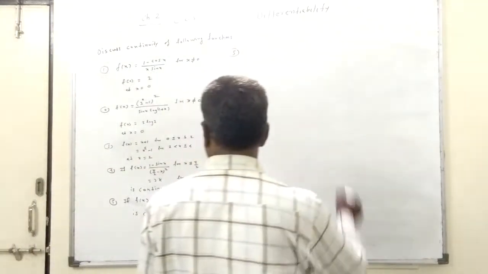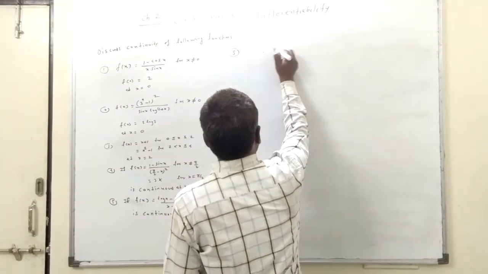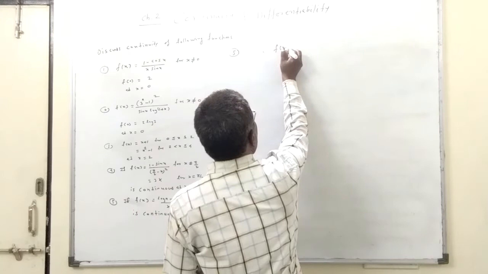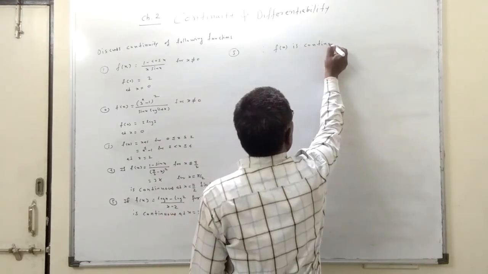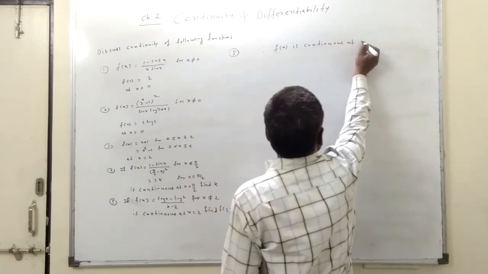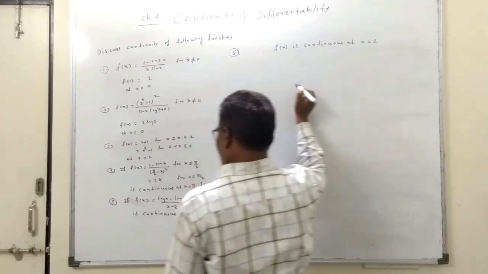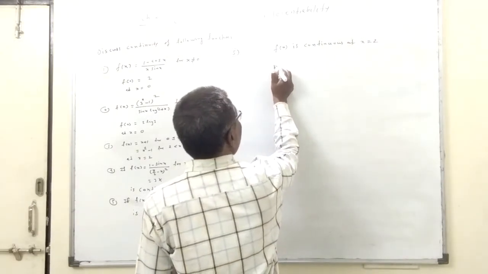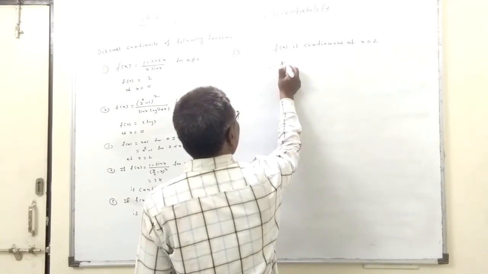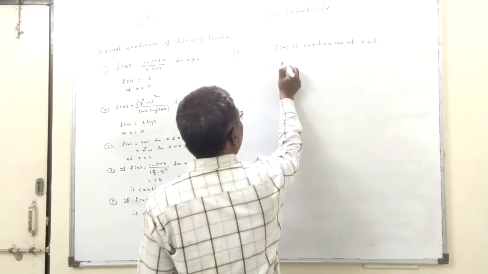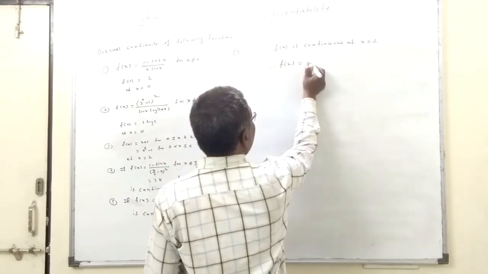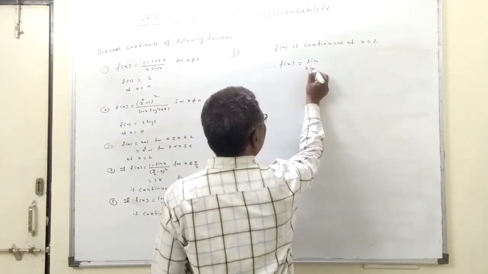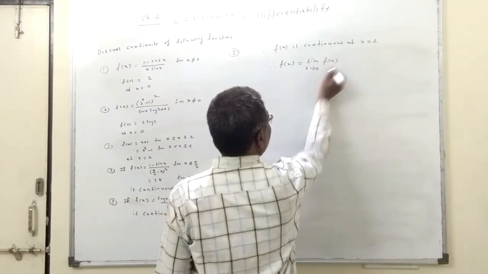You want to find f of 2. So since f of x is continuous at x equal to 2, therefore by definition of continuity, f of 2 equals the limiting value, limit x tends to 2 f of x.